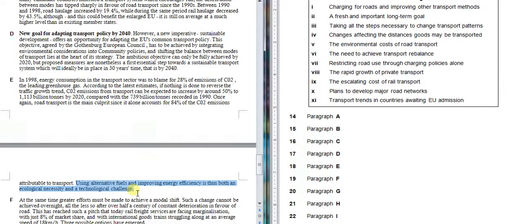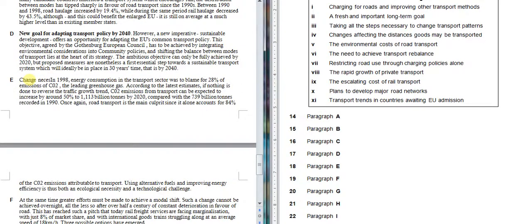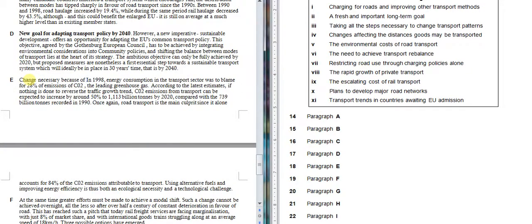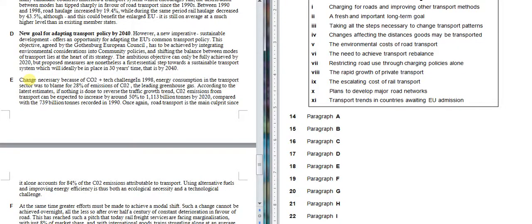And we have this conclusion here, right? Using alternative fuels and improving energy efficiency is thus both an ecological necessity and a technical challenge. Okay? So, change necessary because of CO2 plus tech challenge.